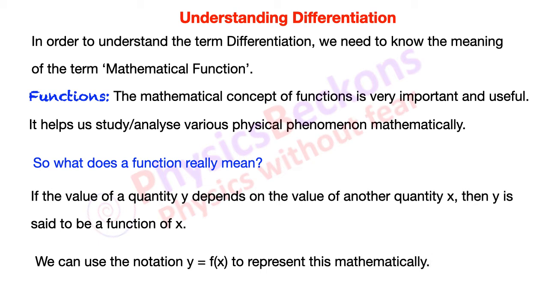We use the notation y equal to f(x) to represent this mathematically. That is, y is a function of x. I repeat, if x changes and the change results in a change in y, then y is said to be a function of x.